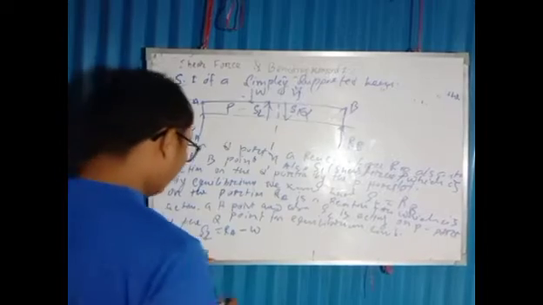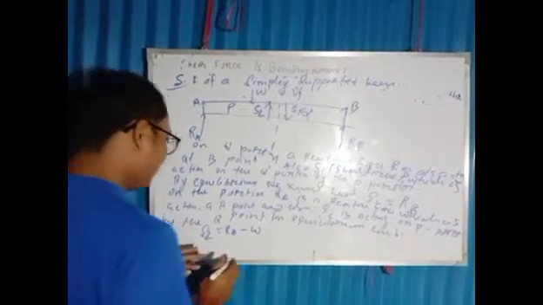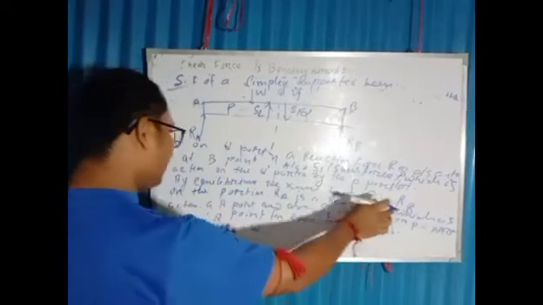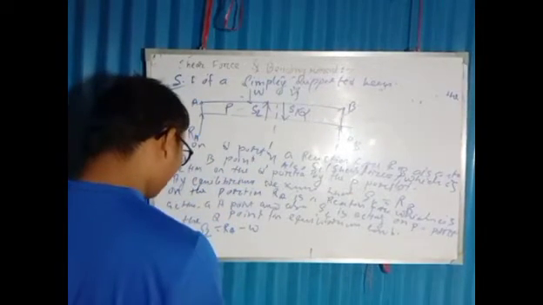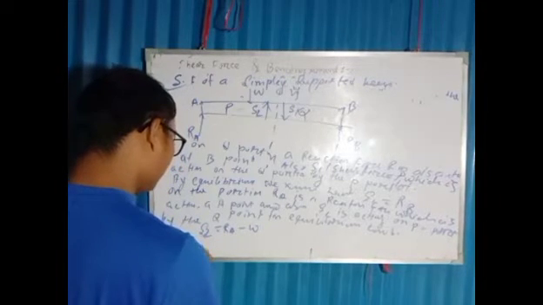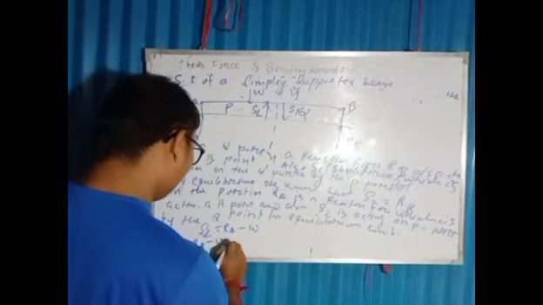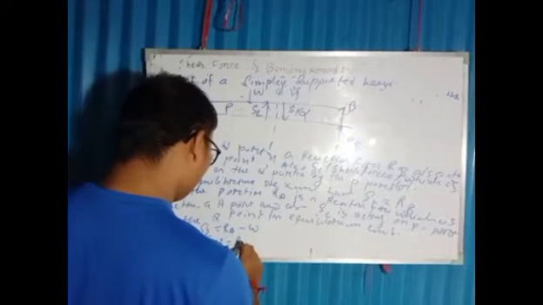So by this formula, RA minus W equals RB.